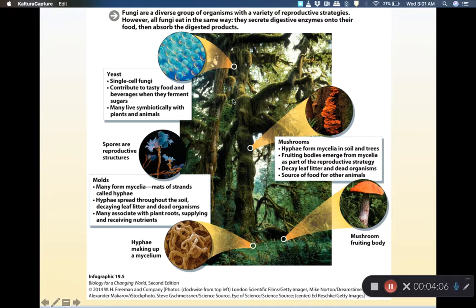And they may also produce these yeasts, and these yeasts can be important in terms of creating protective biofilms on a lot of these different types of plants. So when we think about fungi, it's a lot more than just mushrooms. It's ultimately the cornerstone of decomposers within an ecosystem.